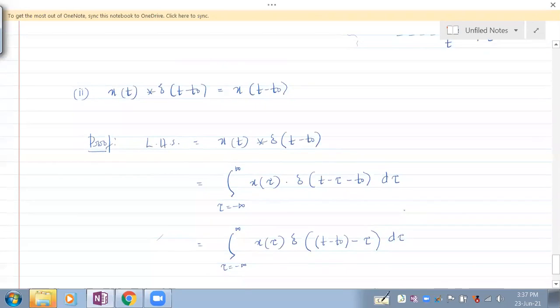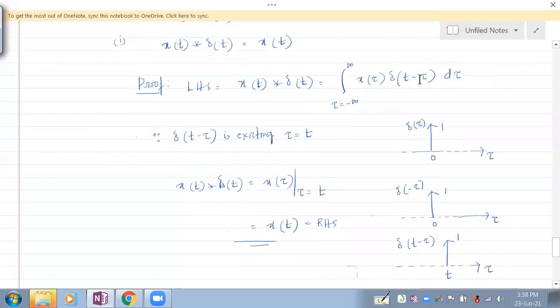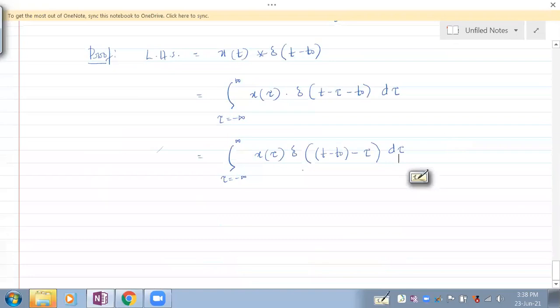Now see here, if delta of t minus tau exists at tau equal to t, then this exists at where? Anybody? Exists at tau equal to t minus t naught.